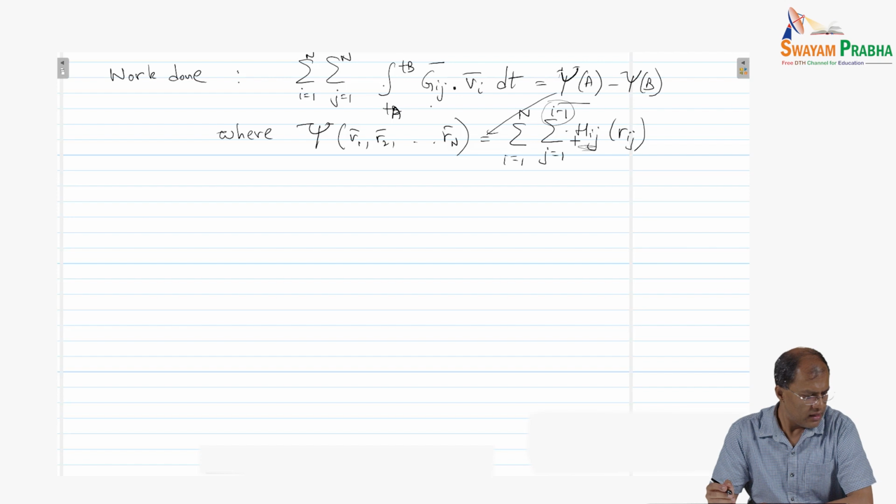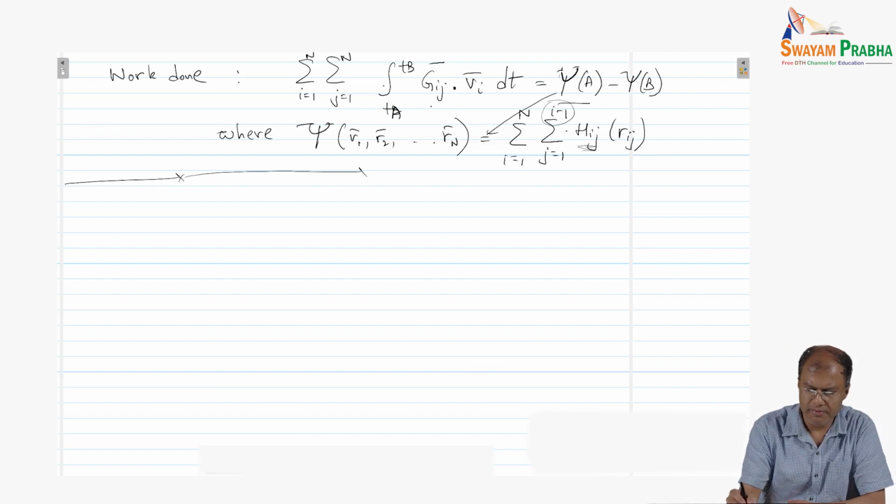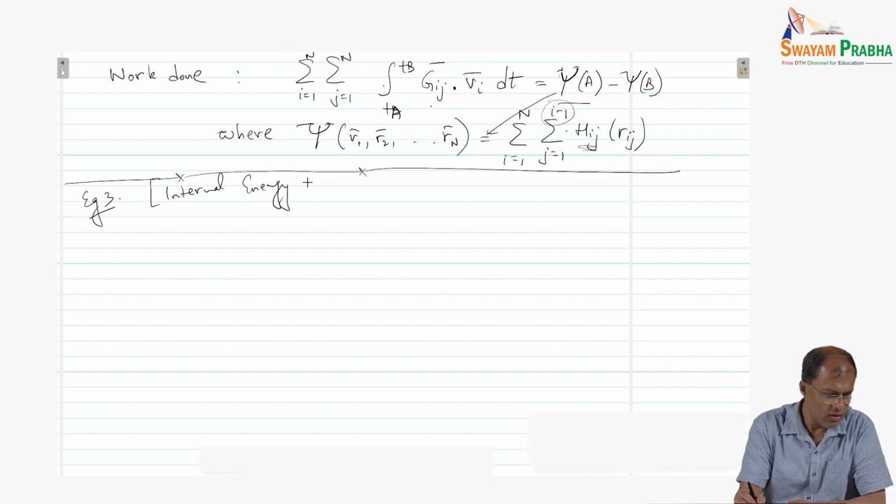So let us wrap up our discussion by giving a very brief example of this setup. The example that I have in mind is the internal energy of 3 charged particles.